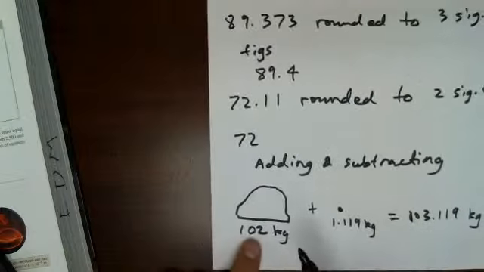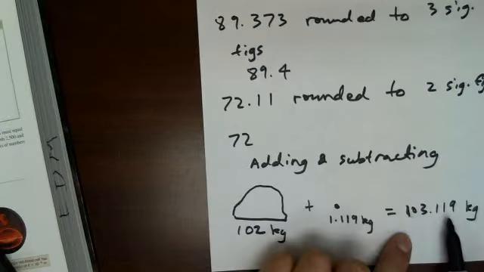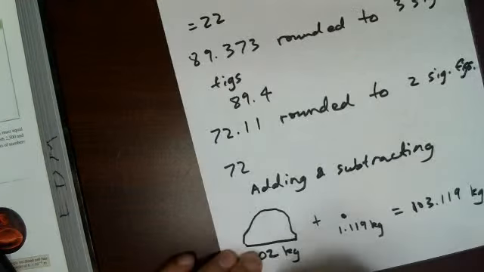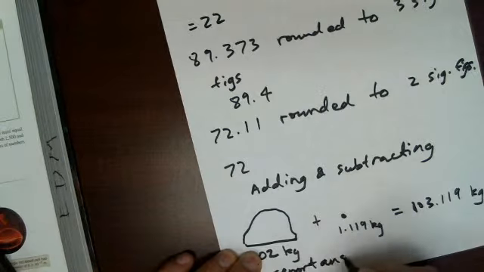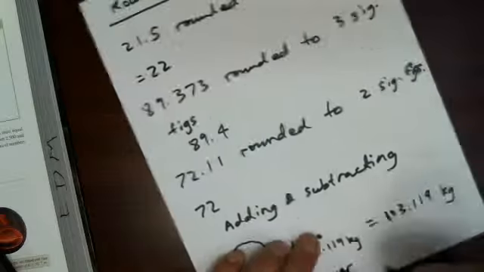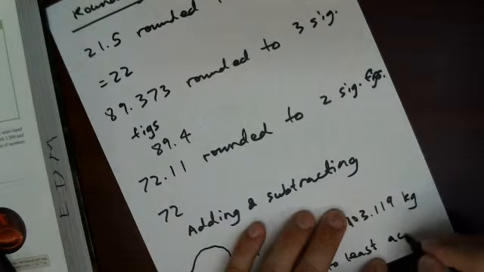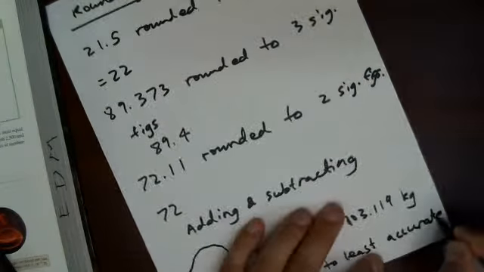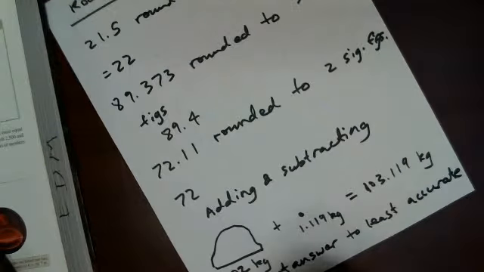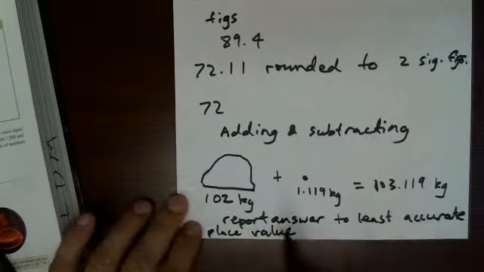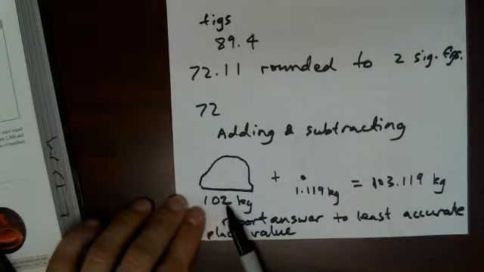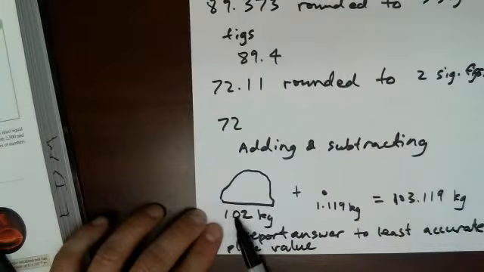And so when we add or subtract, we have to report the answer to the least accurate place value. So in this case, the ones column. This would be the hundreds column, the tens column, the ones.